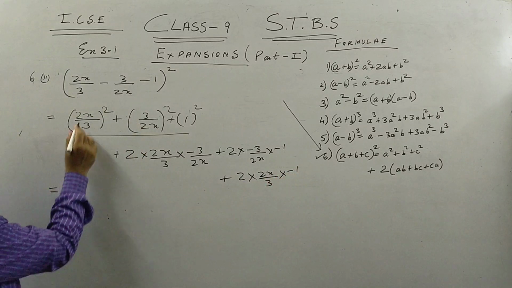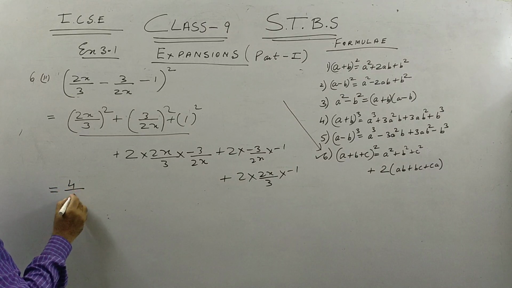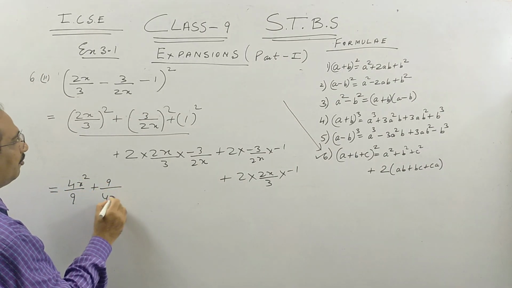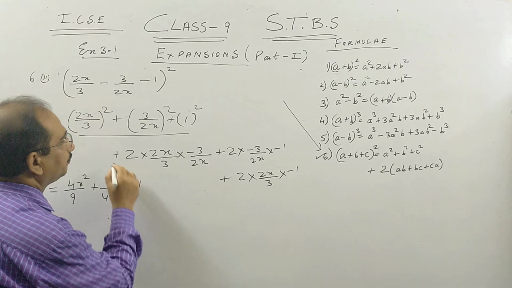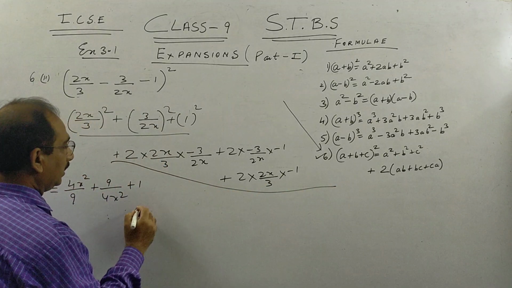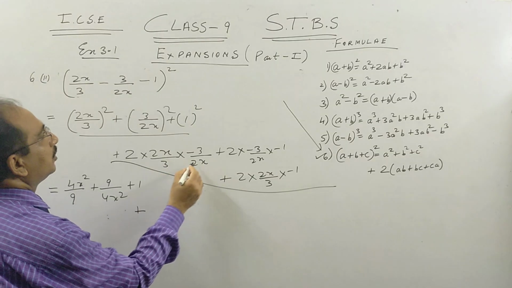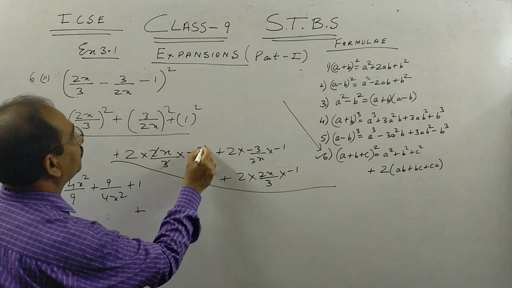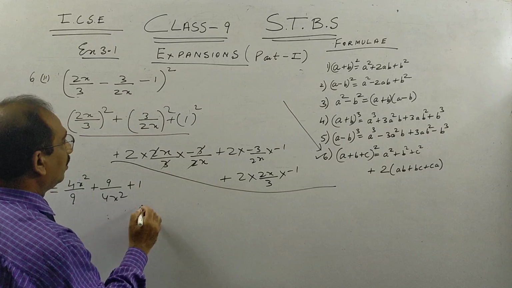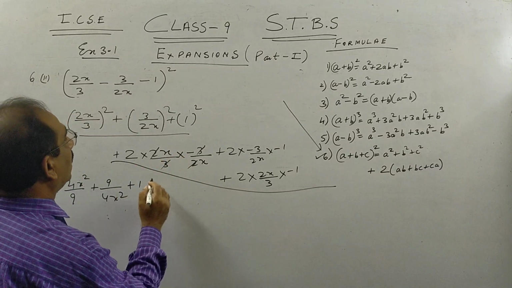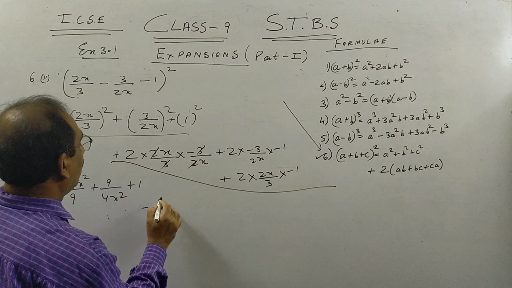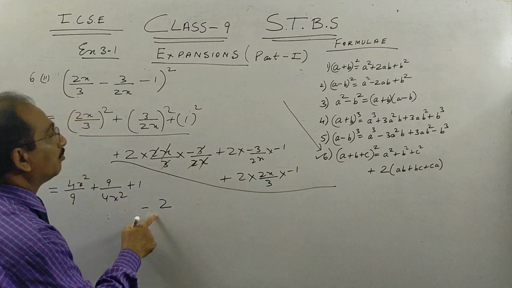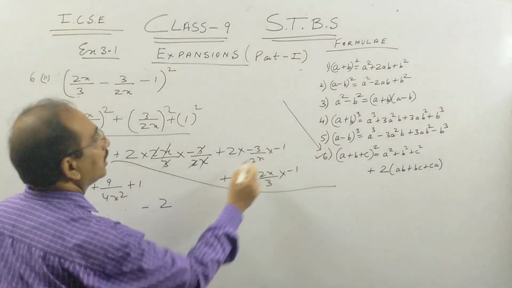Now let us see what we get. 4 by 9 x square plus 9 by 4 x square plus 1, plus this. If you see, this all will cancel and we will have plus minus. We will have 2x will cancel, we will get minus 2 here, minus minus plus.